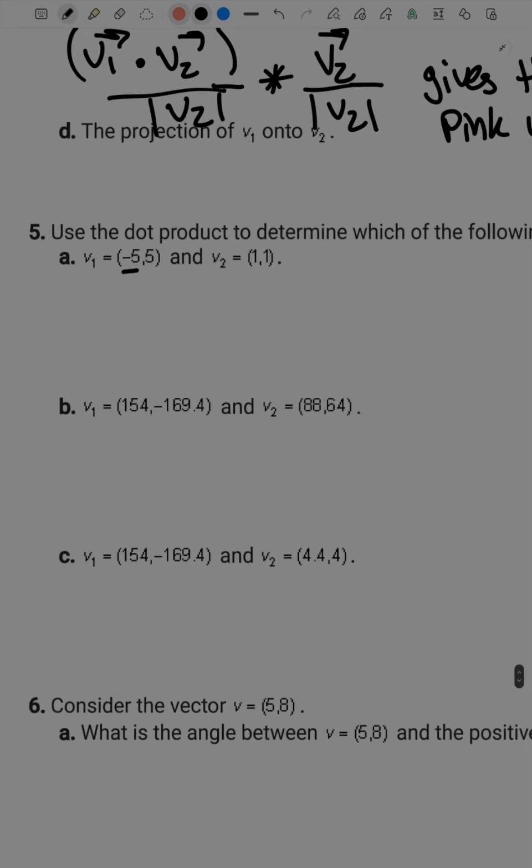If it makes it easier, we can call these the pink and the blue. So you're going to do pink times pink, plus blue times blue. And if there are more vectors, as you'll see in part C, you can simply do the same thing again.